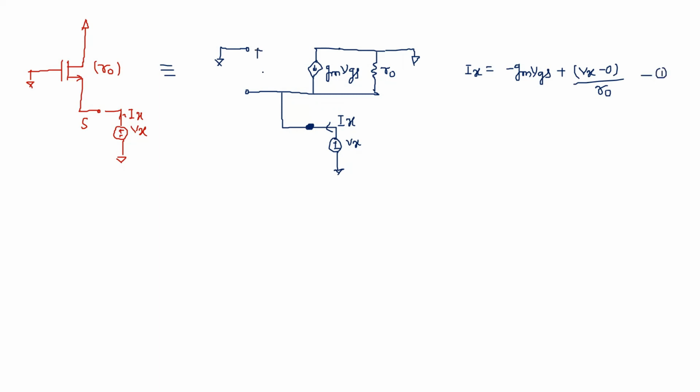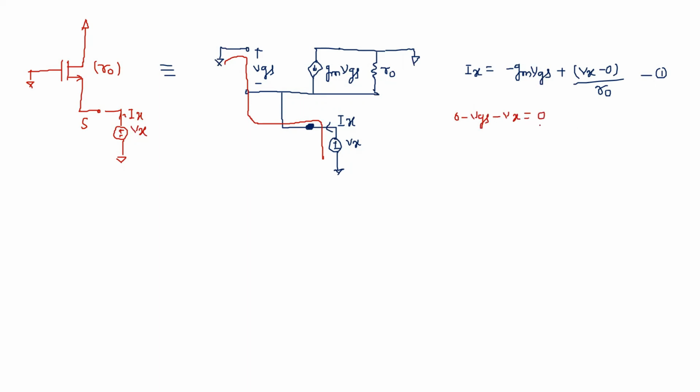And the second equation we will get from this side, KVL at the input side. So here we can write 0 minus VGS minus Vx is equal to 0.